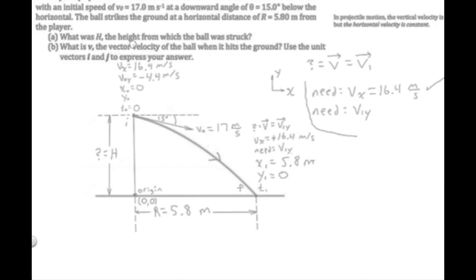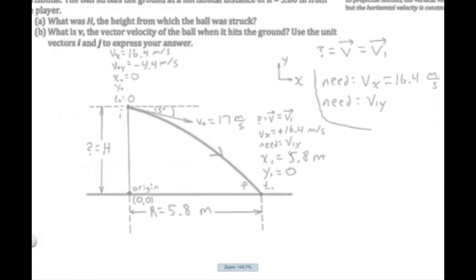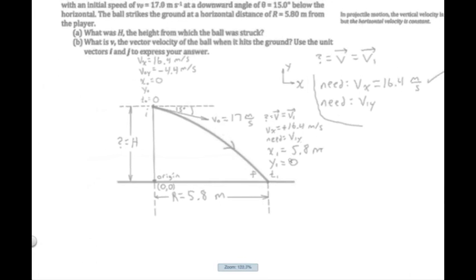That's implied by the wording here. So I made a mistake when I included the y subscript here. The question is not asking us just for the y component. The question is asking for the overall vector velocity at time 1. So that was my mistake.